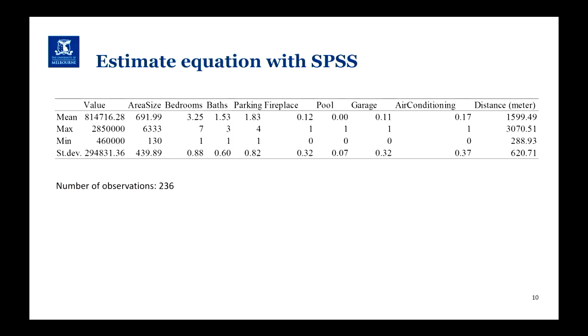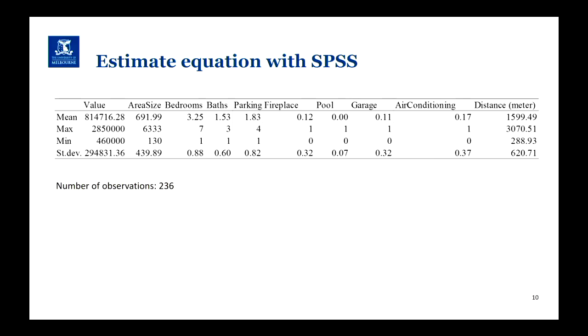So in today's lecture, we just assume that we are going to estimate how the house prices in Box Hill are influenced by the distance to the Box Hill train station.